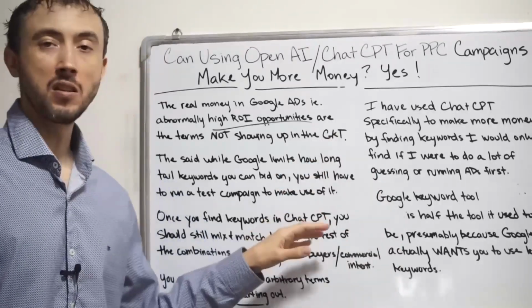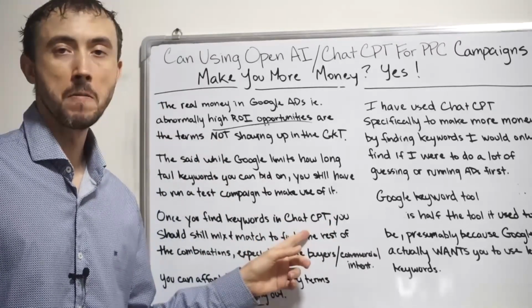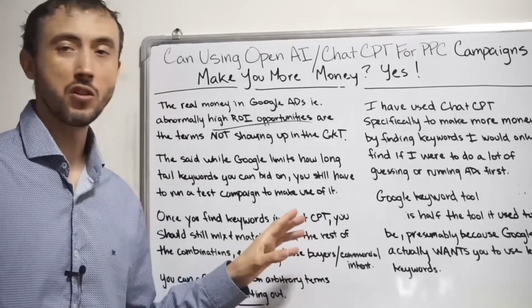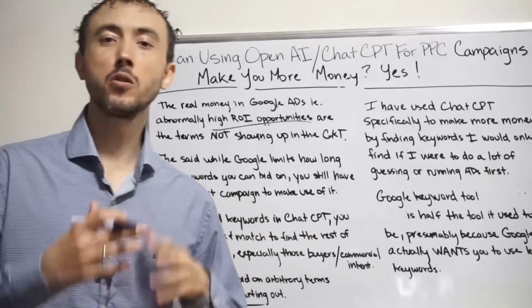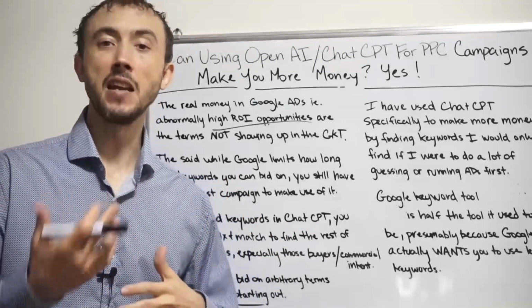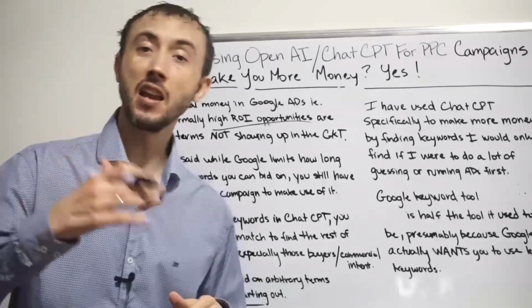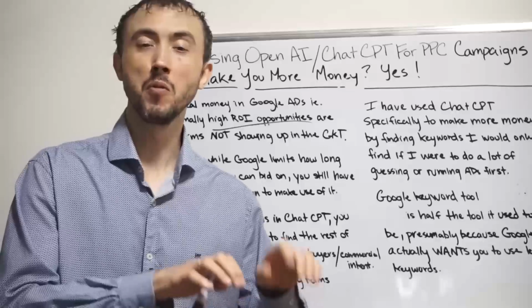I did some recent experiments with this just to see how good this actually is. We went into somebody's account, essentially. I won't explain who it was, but I looked through all the search terms report data that the client had in their account about what people are physically typing in. Because again, to make this clear, search terms are what people typed into Google before they clicked on your ad.